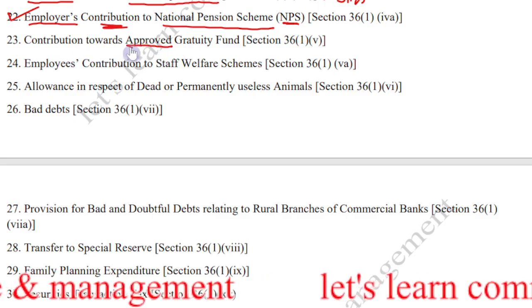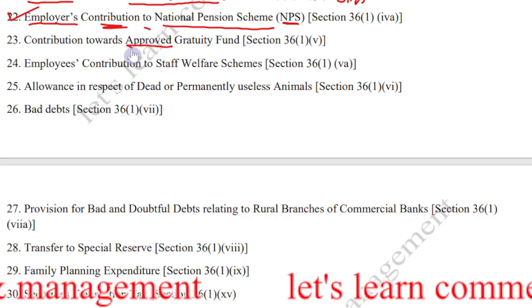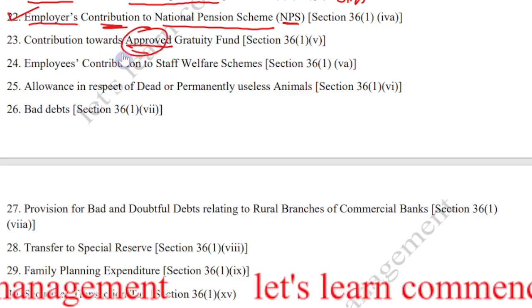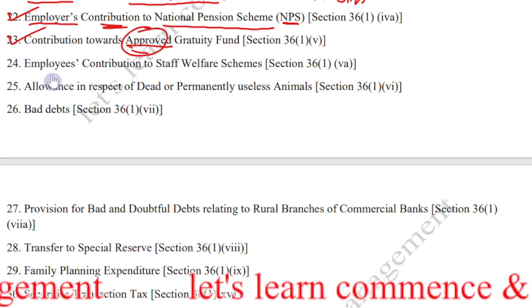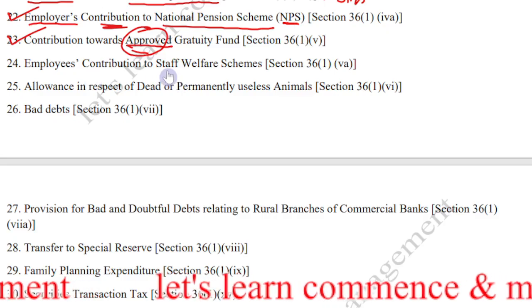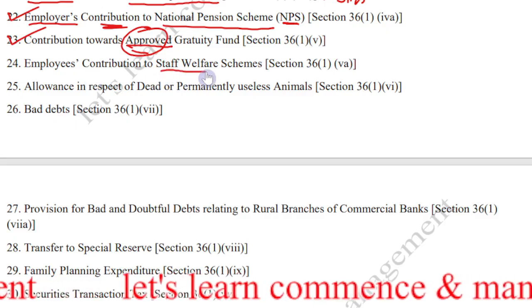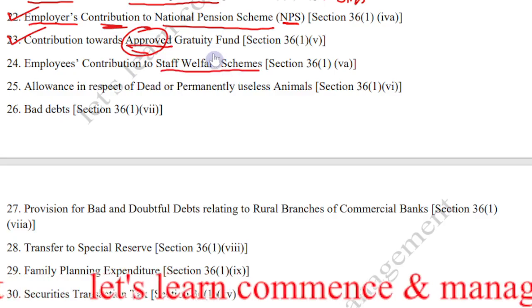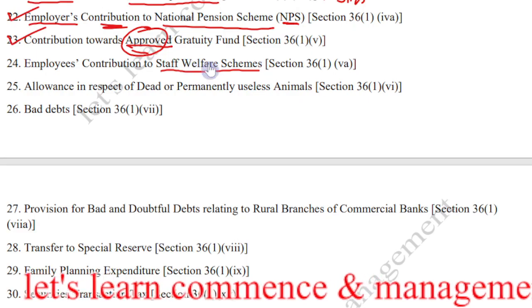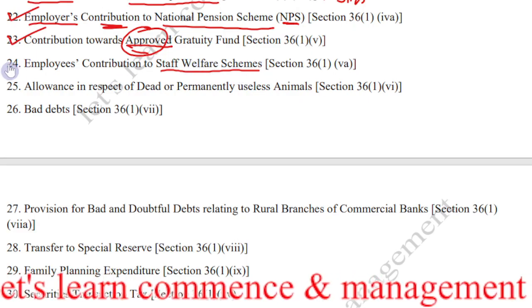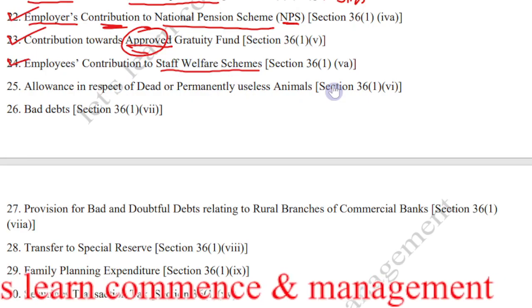If the contribution is within that approved limit, then it is also a valid expenditure. Employees' contribution to staff welfare scheme: for the welfare of the staff, any contribution made is also considered as a deduction.